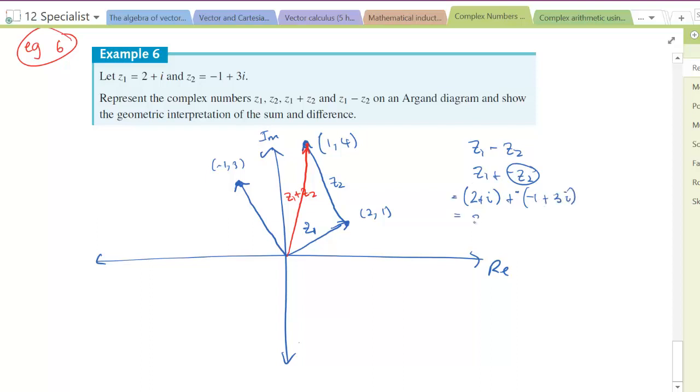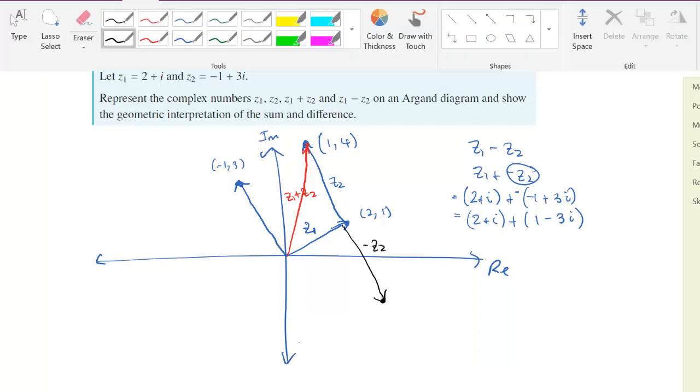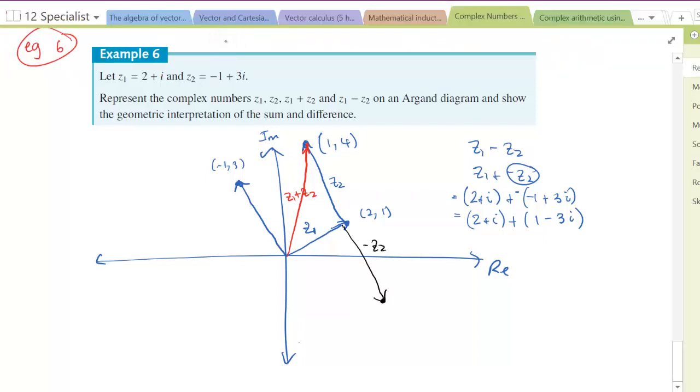So that means we'll be looking at 2 plus i as our first one, and then 1 take 3i. So if we were to draw this in black, 1 across and 3 down, we can see that it's the exact opposite direction of Z2, so this is negative Z2. And so now if we draw this one in green, this is Z1 subtract Z2.